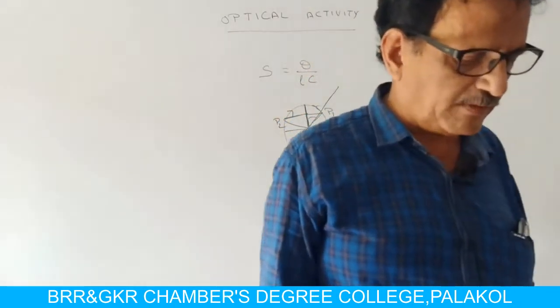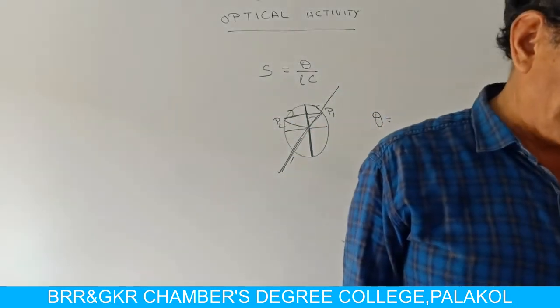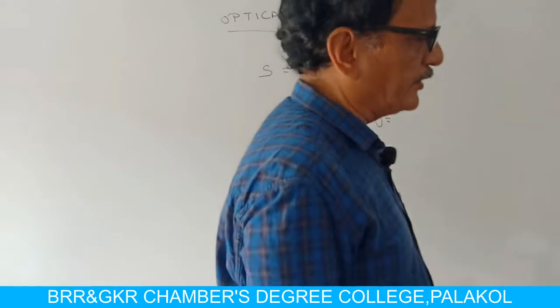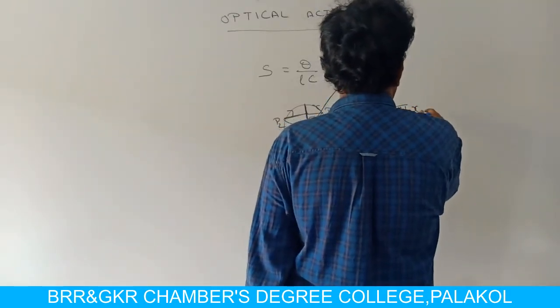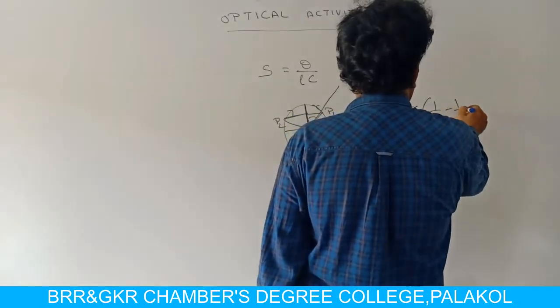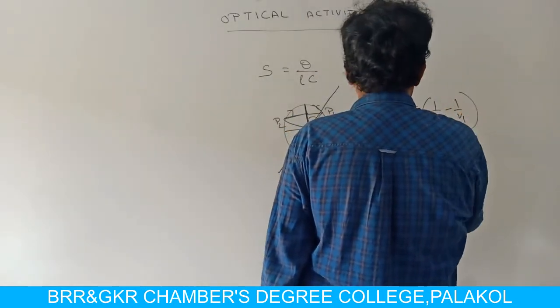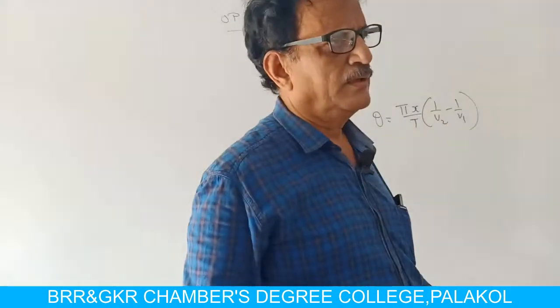Theta is equal to pi x by lambda into 1 by v2 minus 1 by v1. This is from Fresnel's theory.